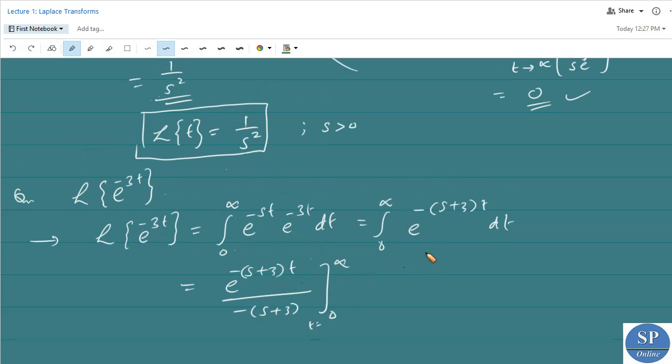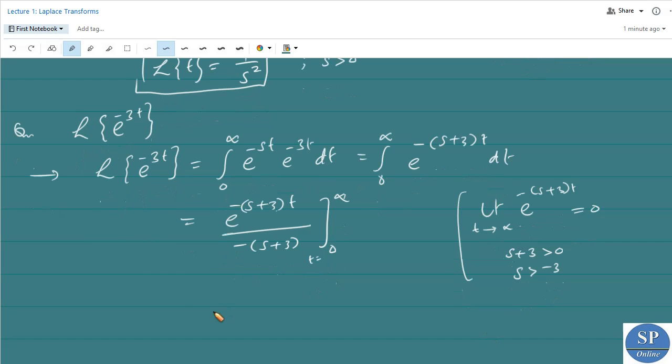This integral converges only if limit t tends to infinity e to the power minus s plus 3 t is equal to 0. For that we need to choose s plus 3 greater than 0, that is s is greater than minus 3. That means s plus 3 is greater than 0, so minus s plus 3 into t is negative, and e power minus infinity will be there when we apply this limit.